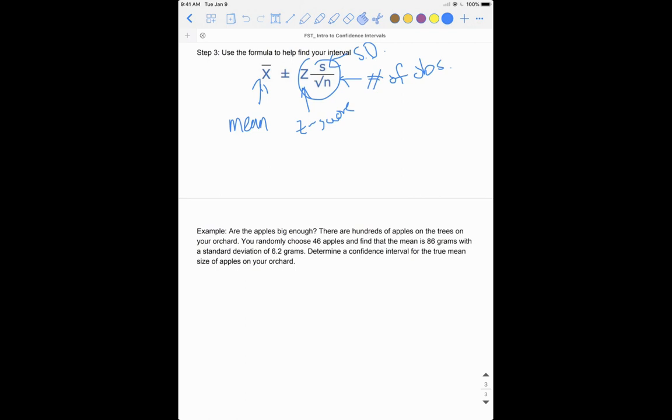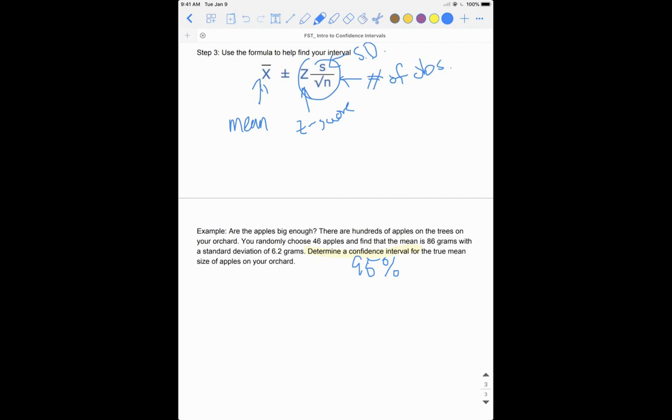Okay, so first of all, let's break this down. We need to determine a confidence interval. It doesn't tell us what confidence interval to use, so we can choose. In this case, let's say we're going to use 95%. Then we have to go back through and make sure we find our three key things.